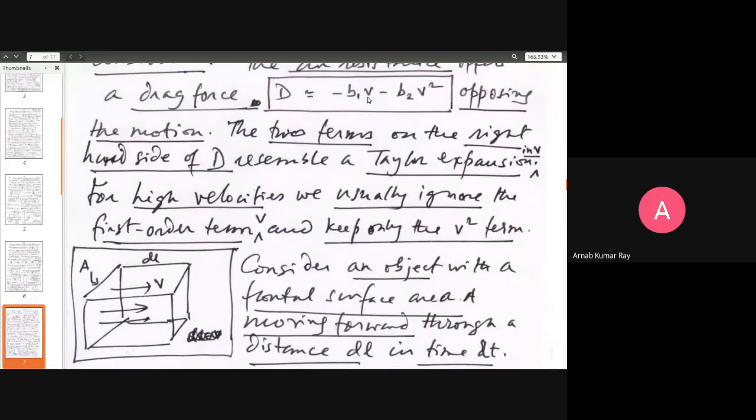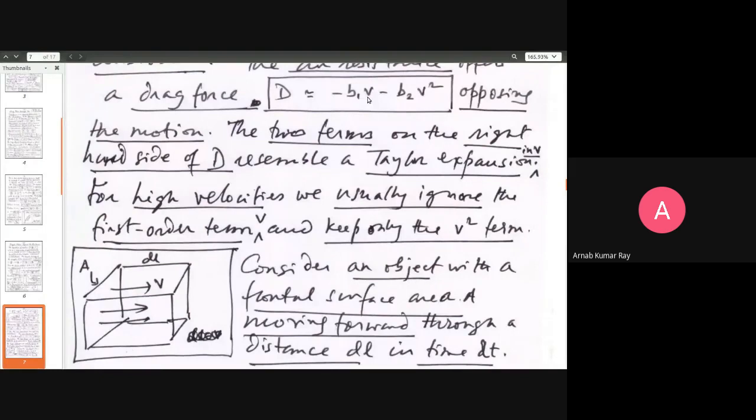For large values of a variable, the higher powers are more important. Take a number half, which is less than 1. 1 is the scale in this discussion. You square that, half becomes 1/4. So the higher power is smaller than the lower power for a number less than 1. Take a number 2. Square that, the higher power is 4, which is greater than the number that you started with.